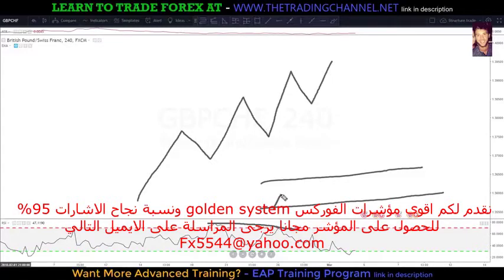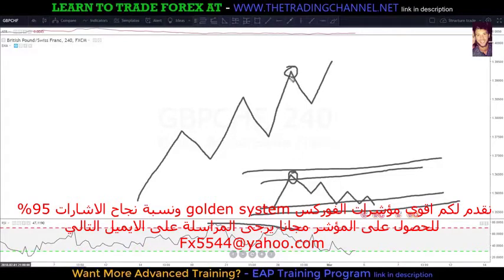If our RSI indicator comes up, goes into overbought during our first high, so here we have our first high, let's say that's our overbought condition on our RSI indicator. On this first high, RSI goes overbought, and then the market creates a new higher high and starts to retrace.